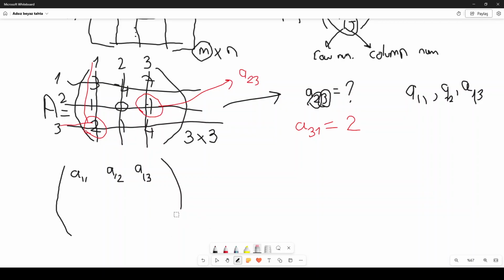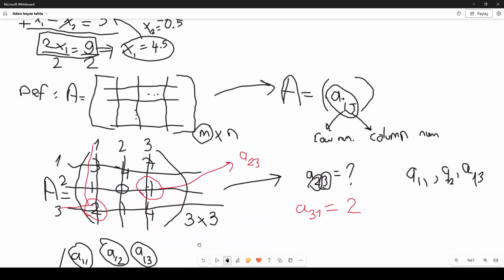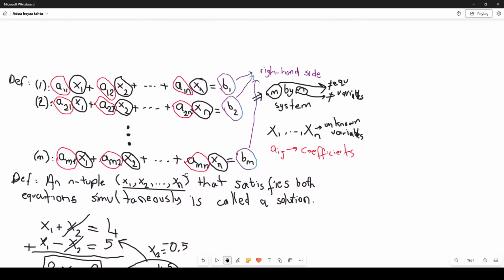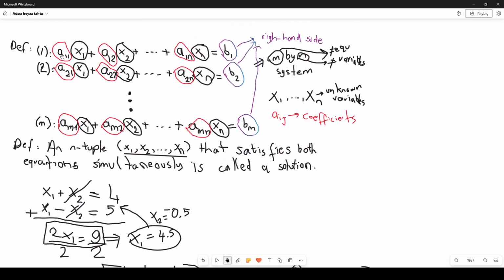And let me erase this because I will expand the right hand side just a few seconds later. Keep going. These values are the coefficients of the first equation, right? We observed it. Let's go up a little bit. See the first equation and look at the coefficients of the unknown variables in the first equation.